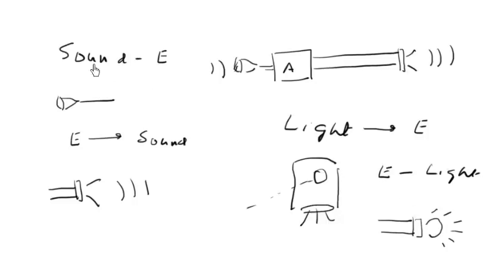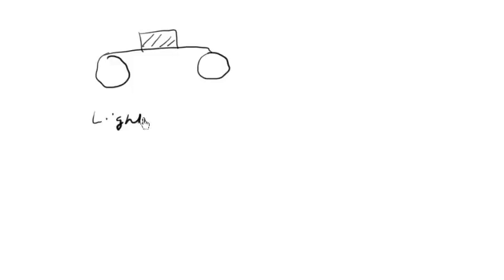Now let us see one industrial example of this. Let me clear the slide again. Suppose in an industry, let's say you have a conveyor belt and objects are passing over it, and let's say you want to keep a count of these objects. So what you can do is you can use a light source on one end.